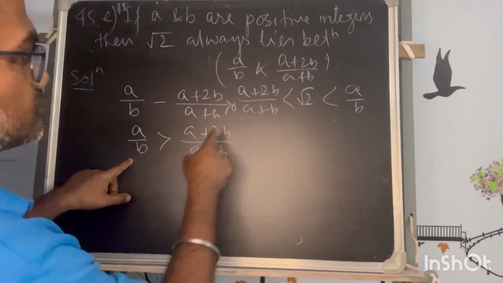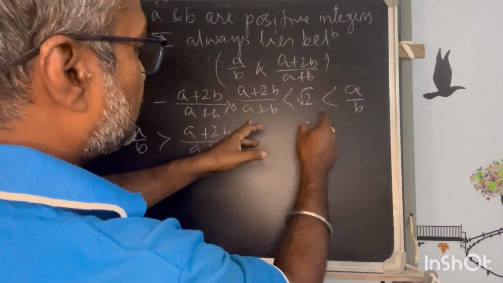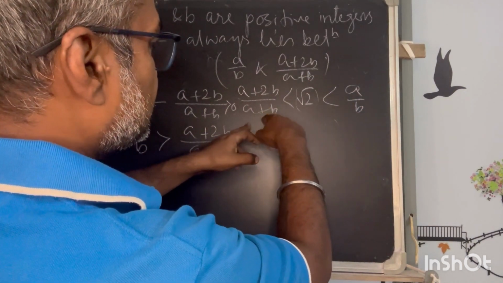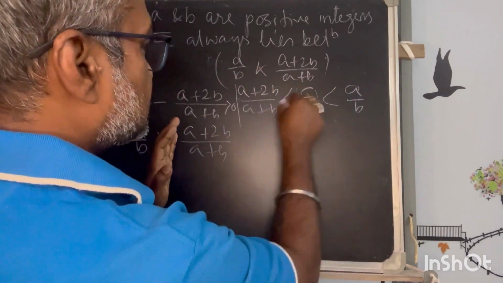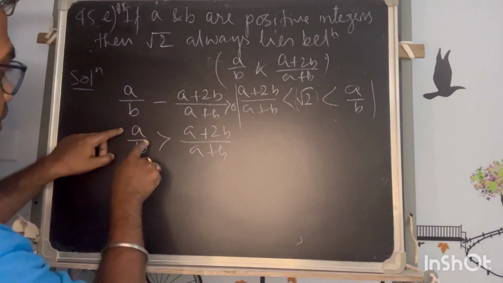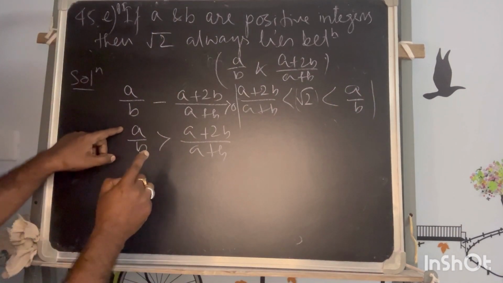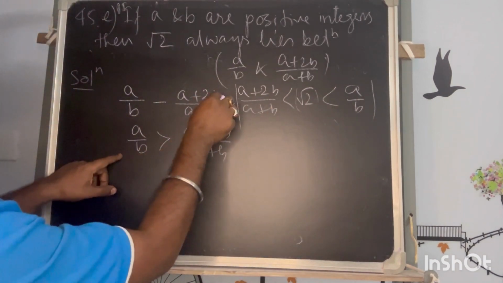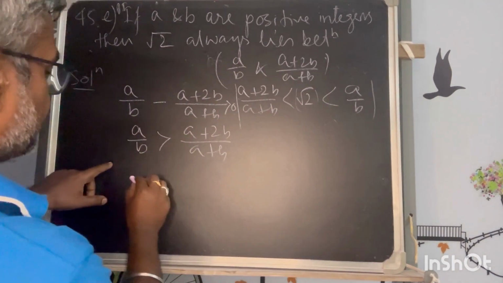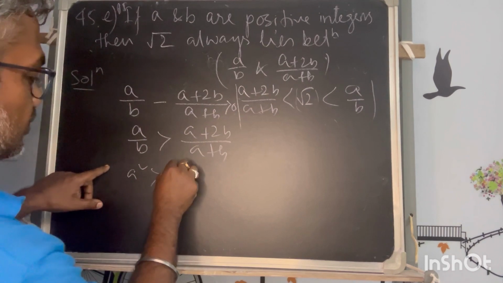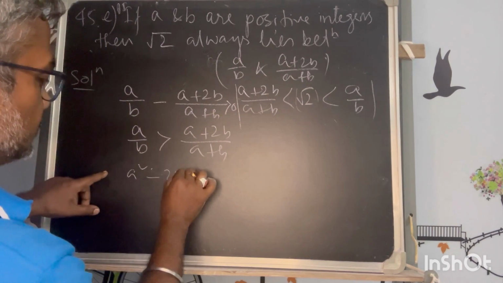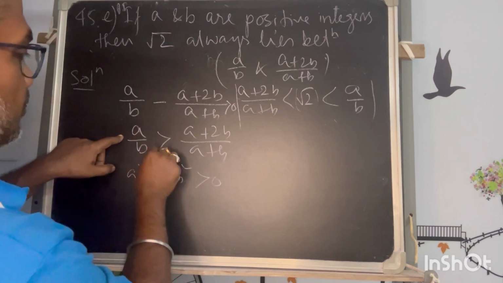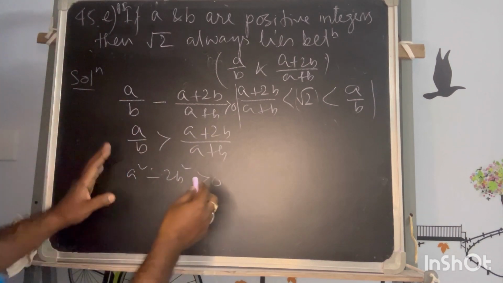So that means this also satisfies this condition, because root 2 itself is less than this, greater than this. That will confirm that this is in between that. But there is also a responsibility to check whether out of these two which one is greater. So when I assume the first condition, a square minus 2b square greater than 0, that confirms this one. So a by b is greater than this one. So this is the first case.